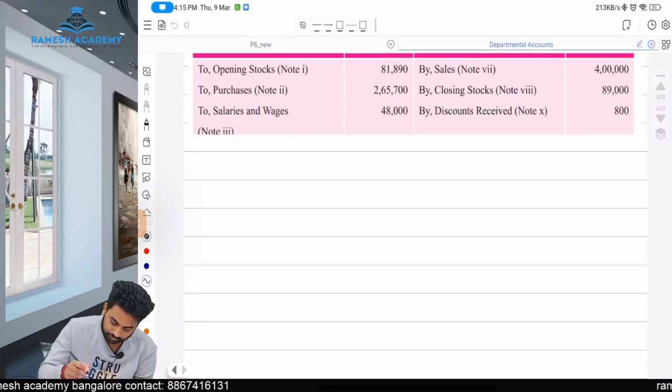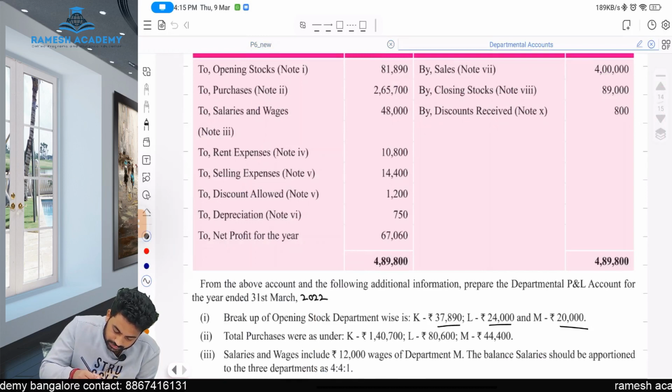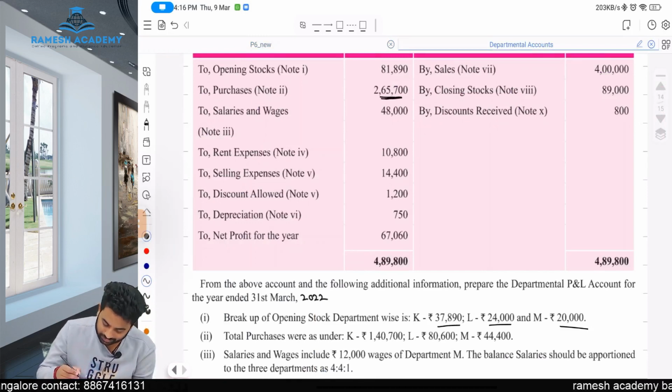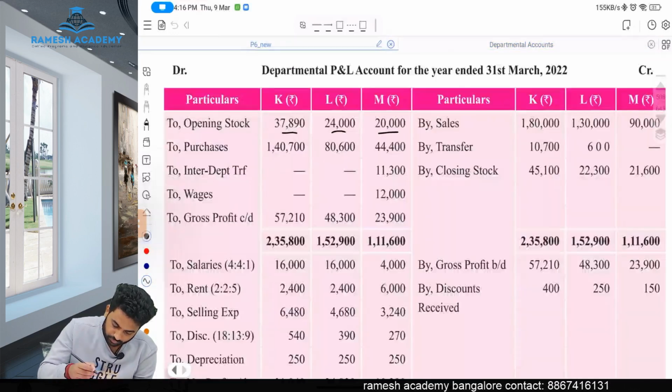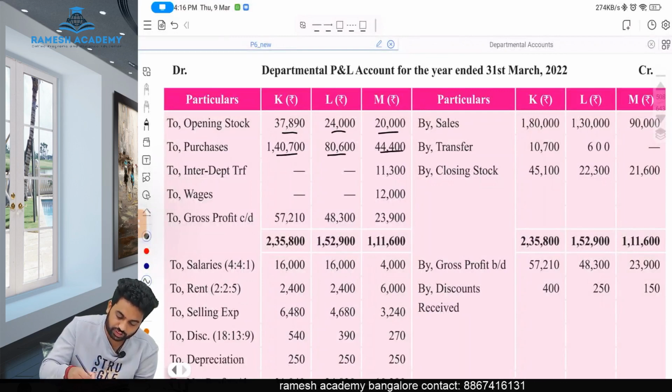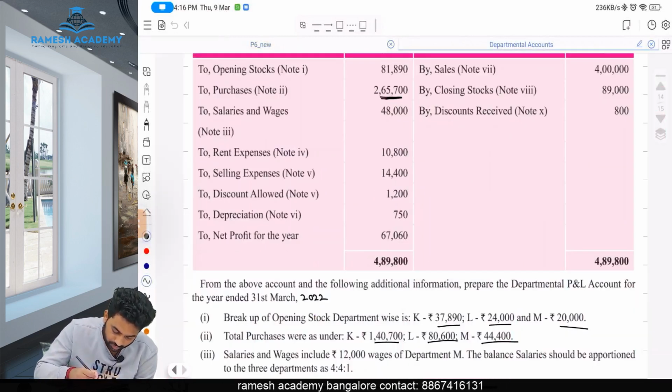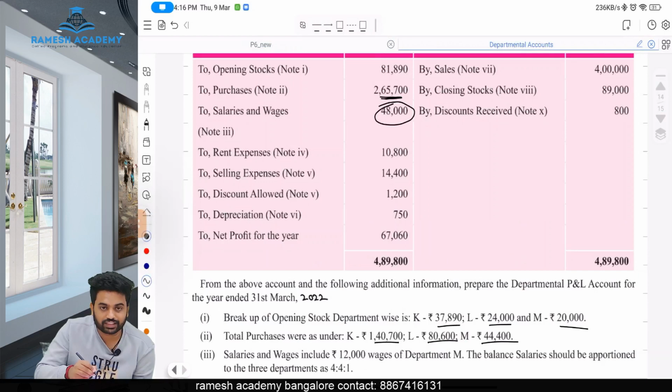Next, purchase is there, 265,700, which is basically 140,700, 80,600, 44,400. Done.